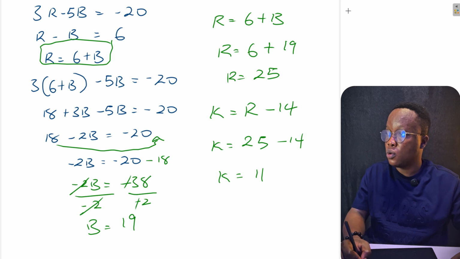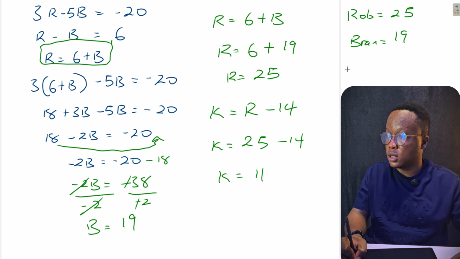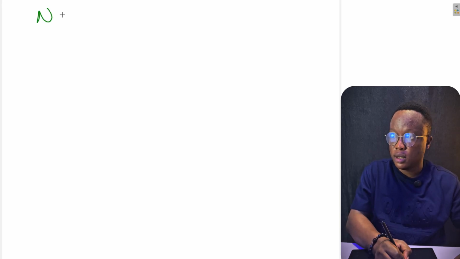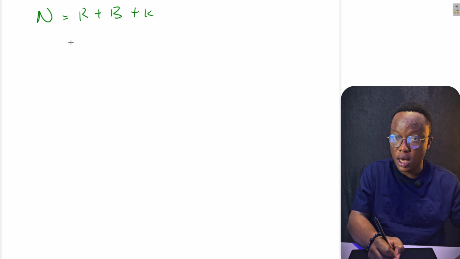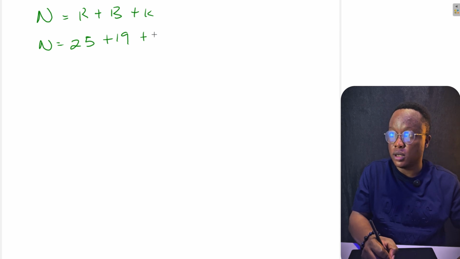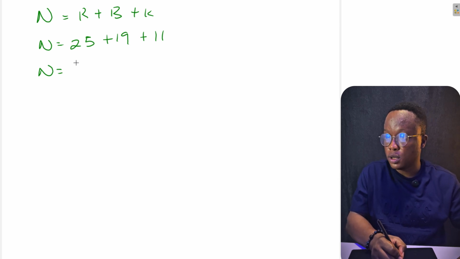We have Rob to be 25, Bran is 19, and Rickon is 11. Therefore, N is equal to R plus B plus K, which is 25 plus 19 plus 11. So Ned is 55 years old.